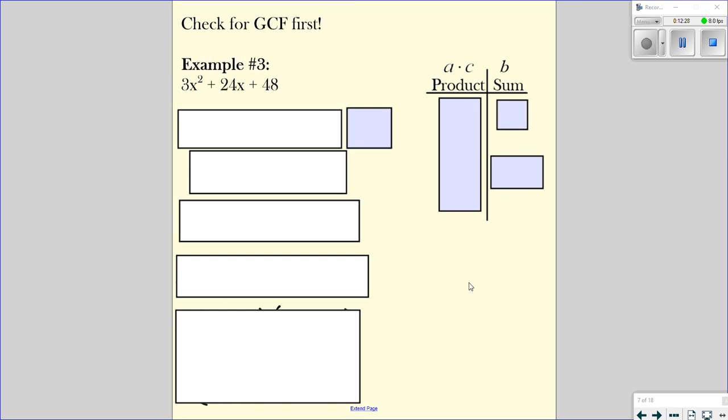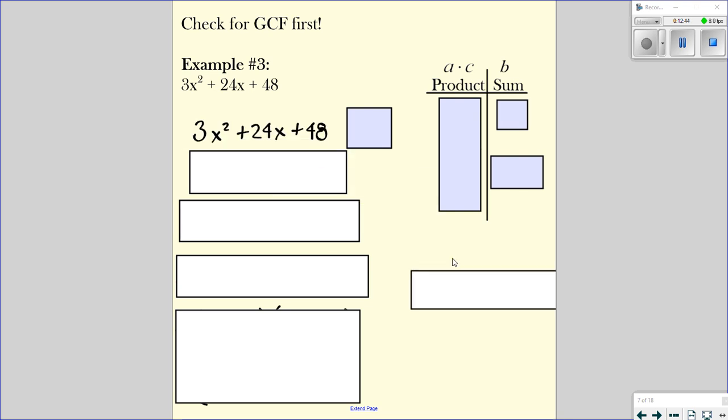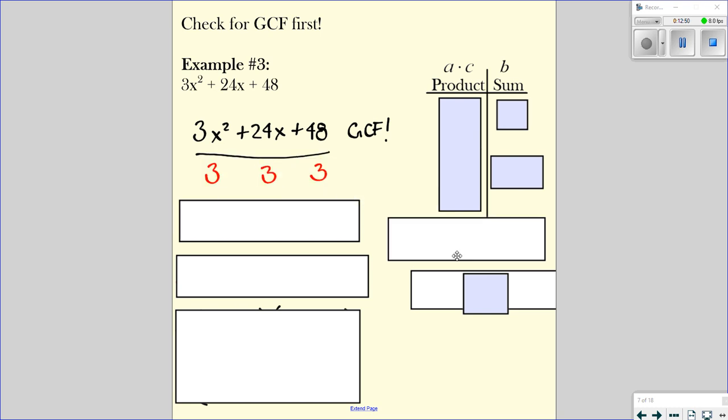Okay, so for this one, it says check for GCF first. All right, notice that we have 3, 24, and 48. We all know that 3 can go into each of them. So the first thing you do, well, I just rewrote it. I put GCF. Check for that. You can divide 3 into all of the terms.